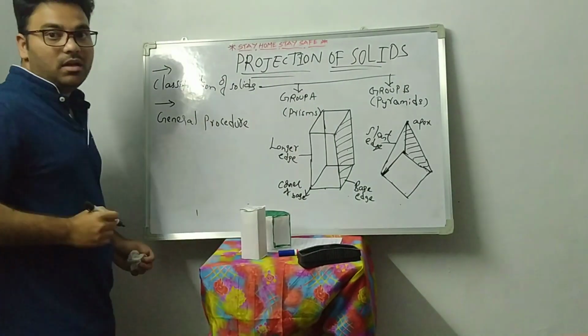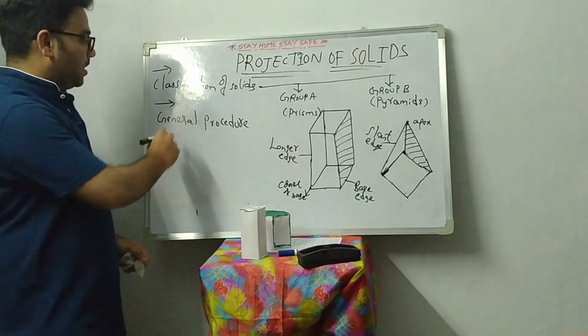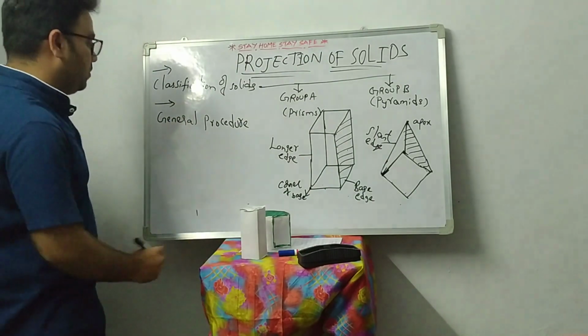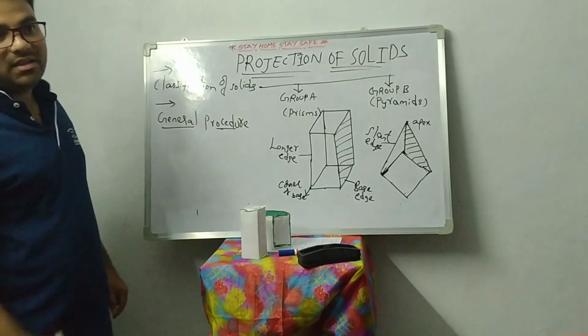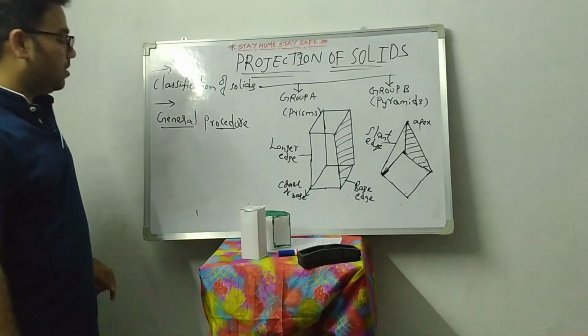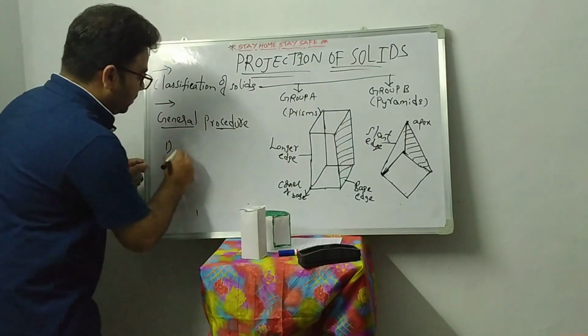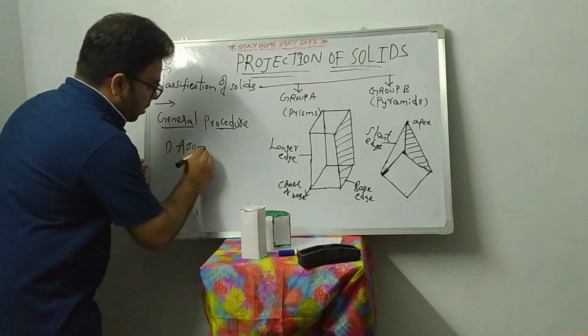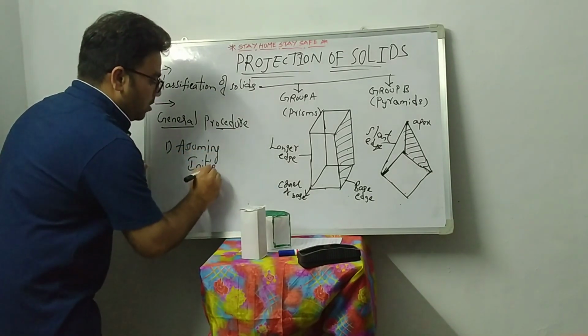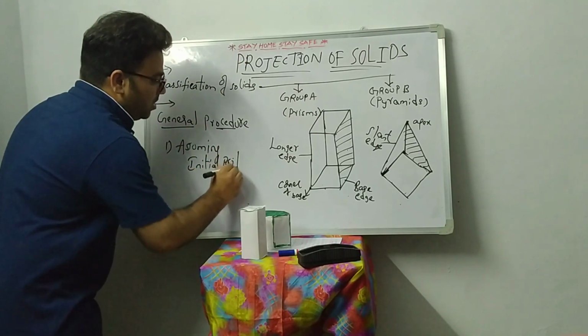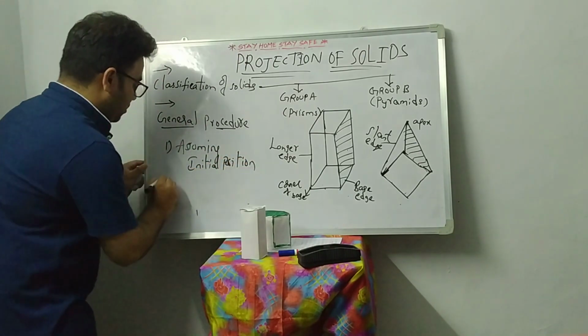Now we will jump into the general procedure to construct the solid. What is the general procedure? We have three steps. First one is assuming the initial position.